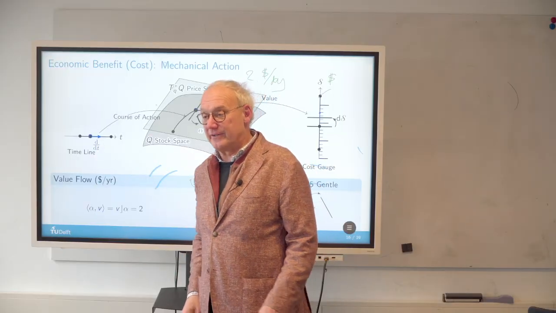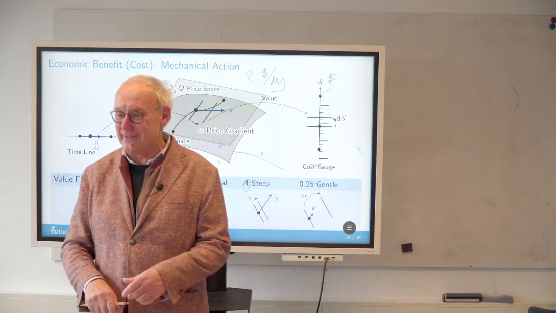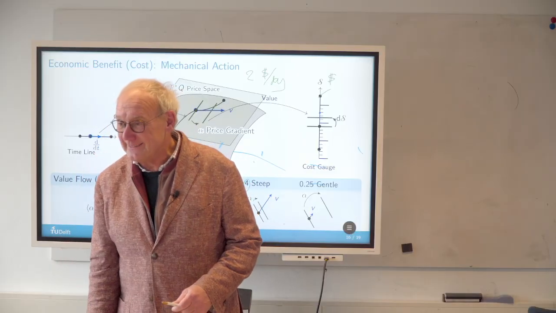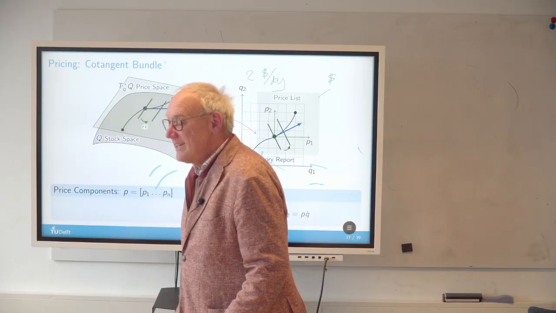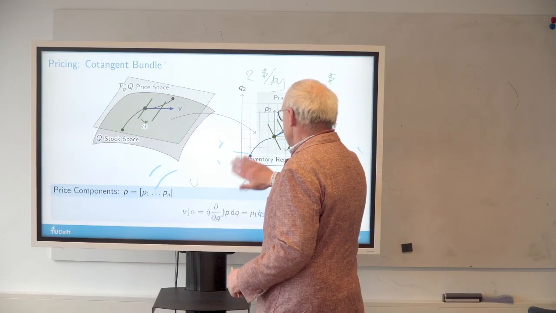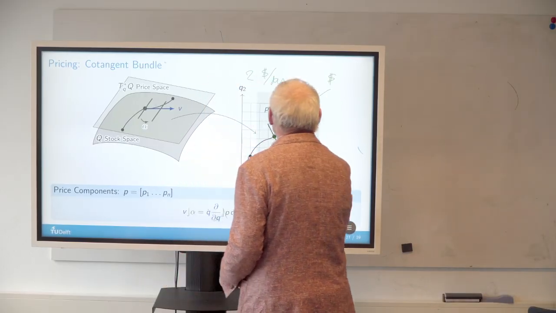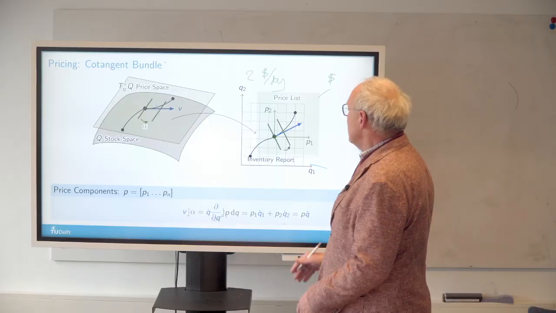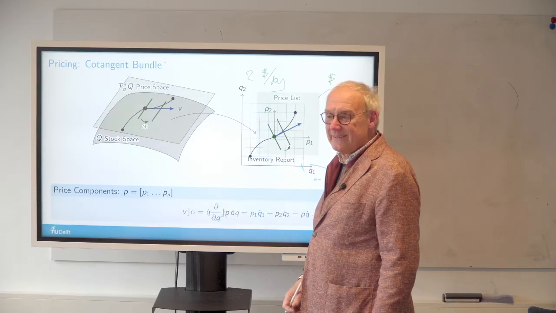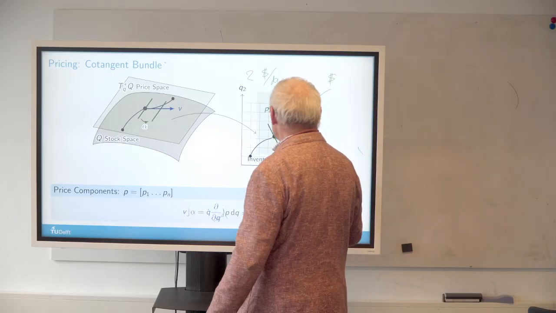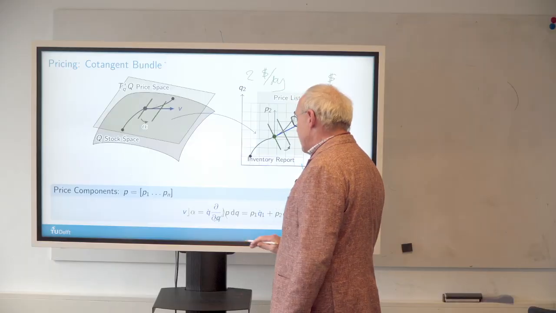Now, Andre is already worrying, how does this work out? He was already trying to do it, and you probably resolved it, because it's not so hard. Suppose you have this inventory report and this price list, then you can look at the components of this thing, right? Because you know this is Q1, this is Q2, so this one will have 2 components.